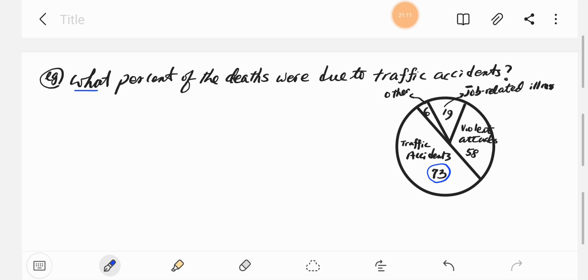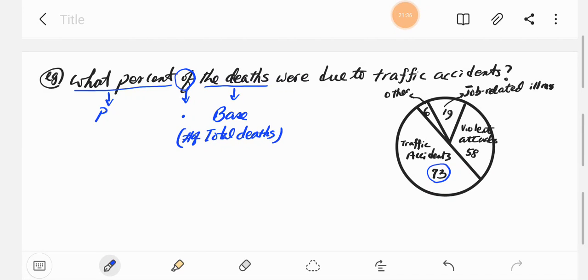The percent we are looking for, let's use P. "Of" means multiply, and the base is the total number of deaths. "Were due to" means is equal to the traffic deaths.